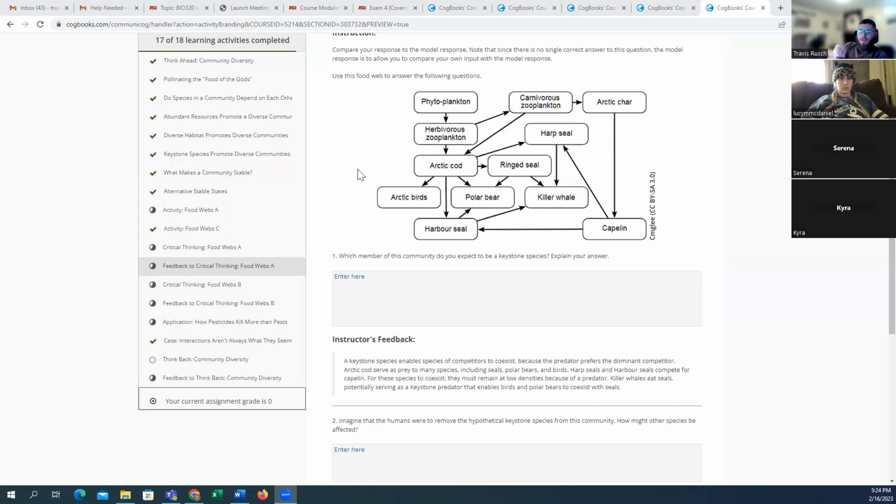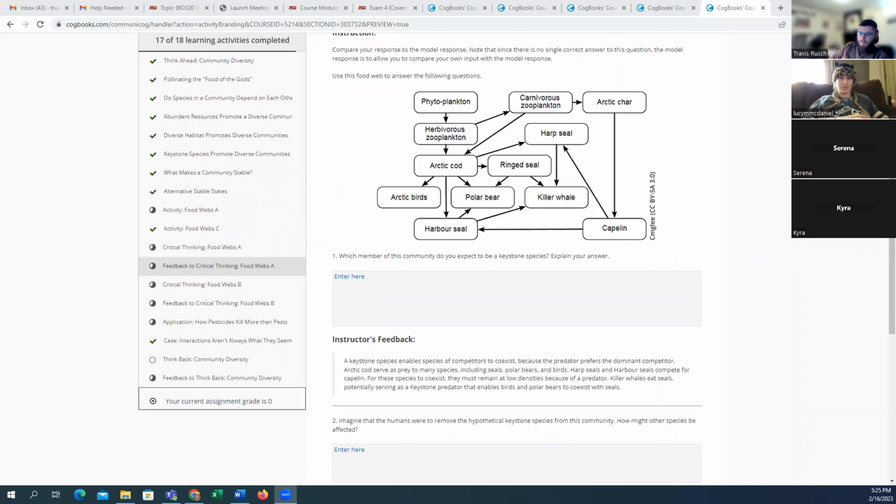So if you switch from one prey to another, and those prey are competing against each other, you're keeping those competitors lower than their carrying capacity and in balance. If you remove that keystone species, you might have a dominant competitor that will outcompete the rest. So there are a couple of moving parts in what makes a good keystone species.